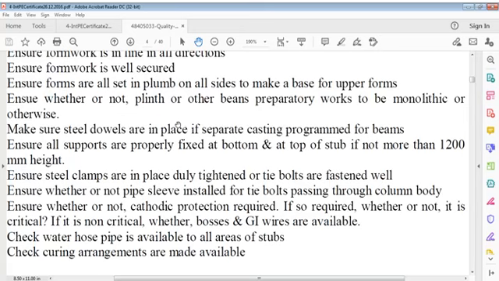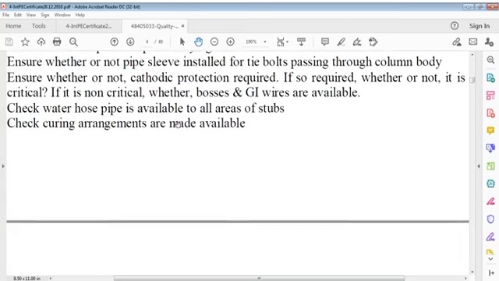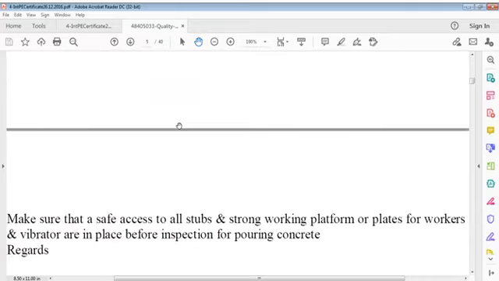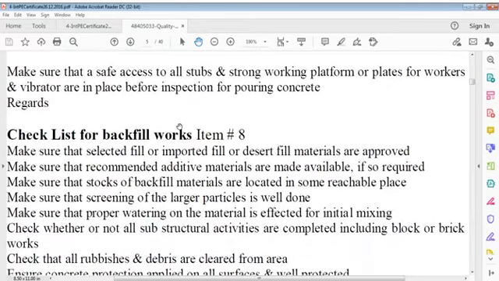Check that a water hose pipe is available to all areas of the stubs. Check curing arrangements are made available, and make sure that safe access to all stubs and a strong working platform or plates for workers and vibrator are in place before inspection for pouring concrete.